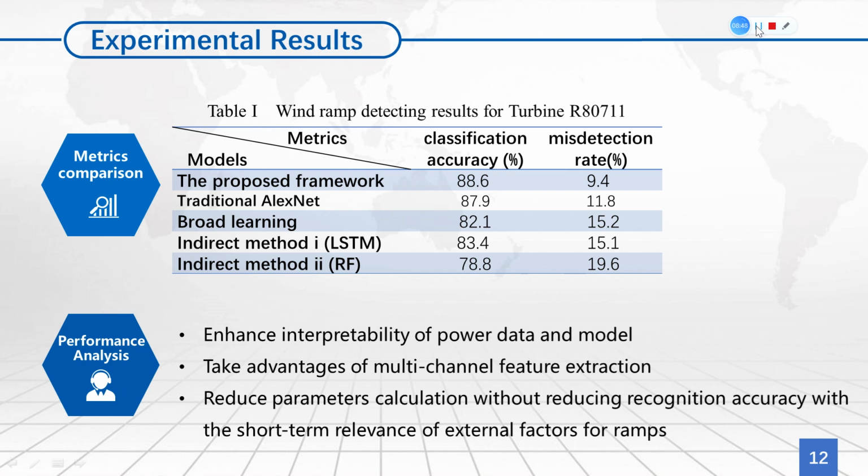It shows that the imaging-based wind power representations take advantage of multi-channel feature extraction, and the lightweight framework can reduce parameter calculation without reducing recognition accuracy.